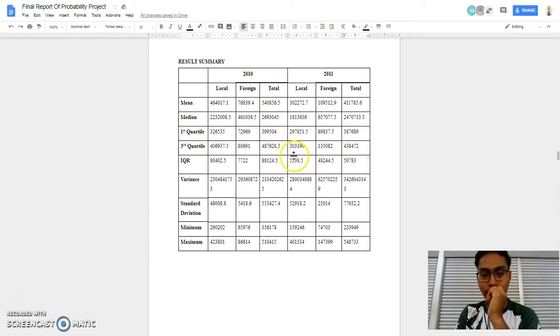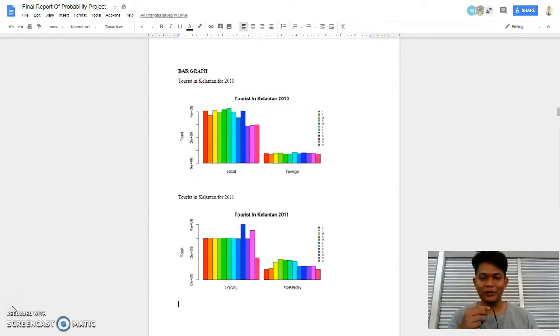Hi, I'm Fakhruddin. I'm going to explain the conclusion that we can make from our survey. As you can see in the bar graph, the total number of tourists in Kelantan in 2010 is more compared to 2011.